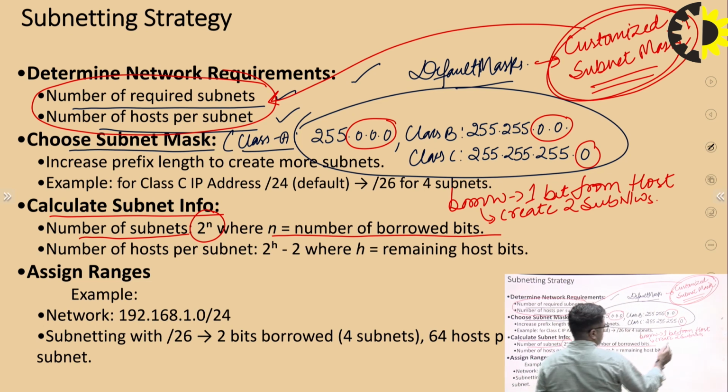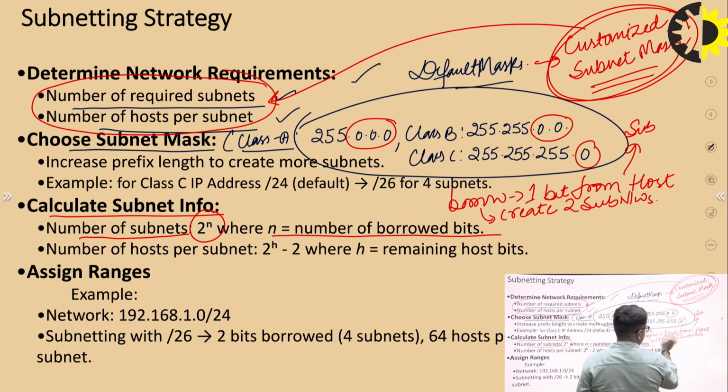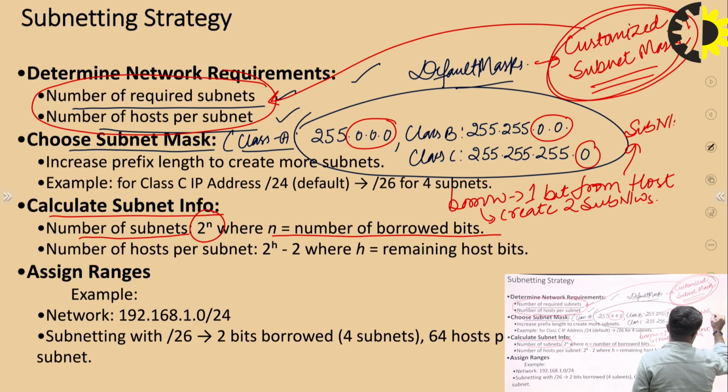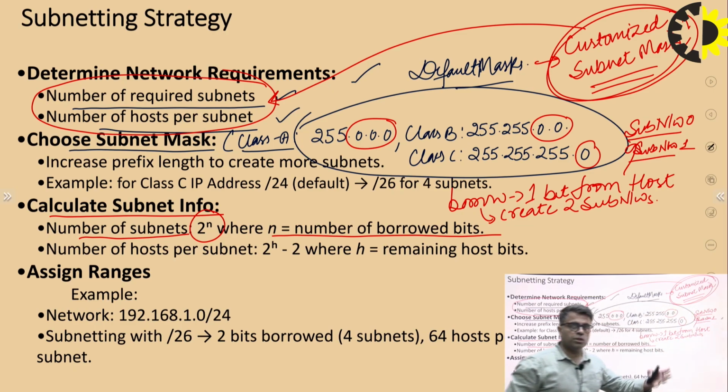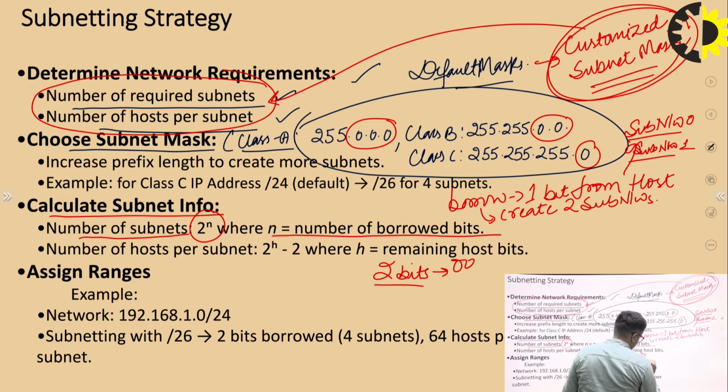If I borrow 1 bit, then in that case this borrowed bit can be 0 or this borrowed bit can be 1. So I can simply name it as subnetwork 0, subnetwork 1. Similarly, if I borrow 2 bits, then 0 0, 0 1, 1 0, 1 1.